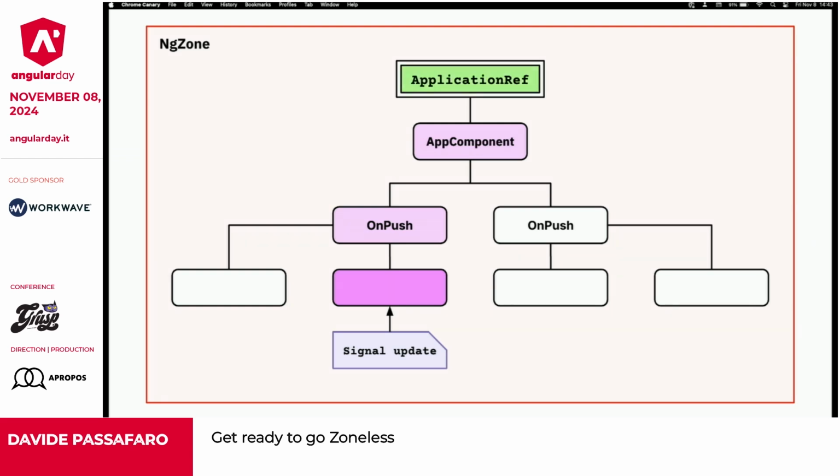The application ref will start, the app component will start, but this time the change detection will start with something called global mode, which is like the default mode of the change detection. It will go through the app component, and now when the change detection finds an on-push component which is marked as child view to refresh, it will go in something called targeted mode.